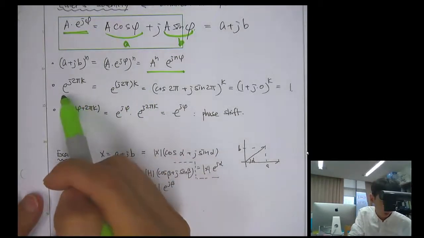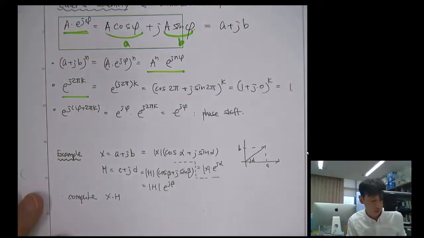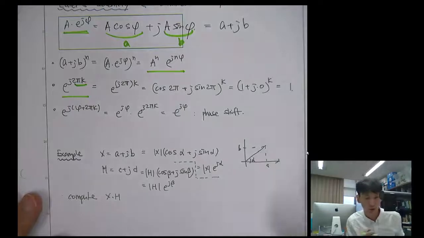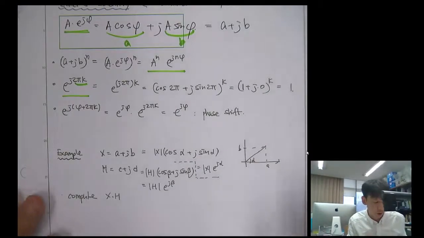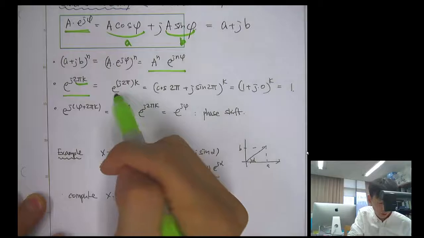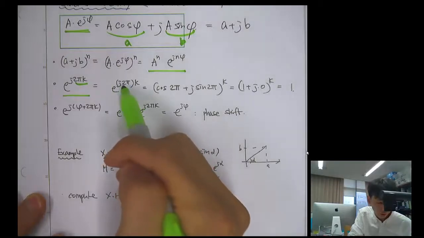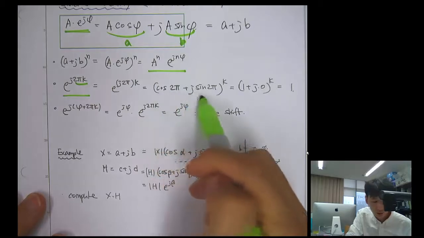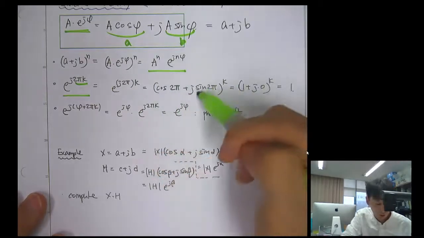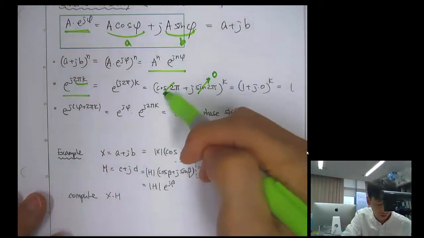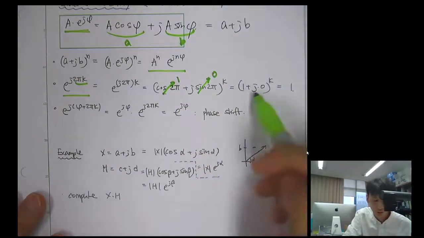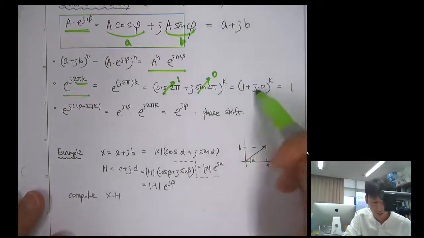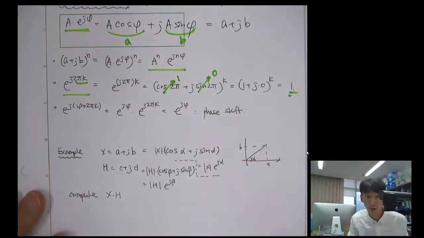Especially with e to the j 2 pi k, where k is an integer and the angle repeats every 2 pi. Then e to the j 2 pi k is cosine 2 pi plus j sine 2 pi, and the sine becomes 0 and the cosine is 1, so 1 plus j 0, so it's just 1, right?